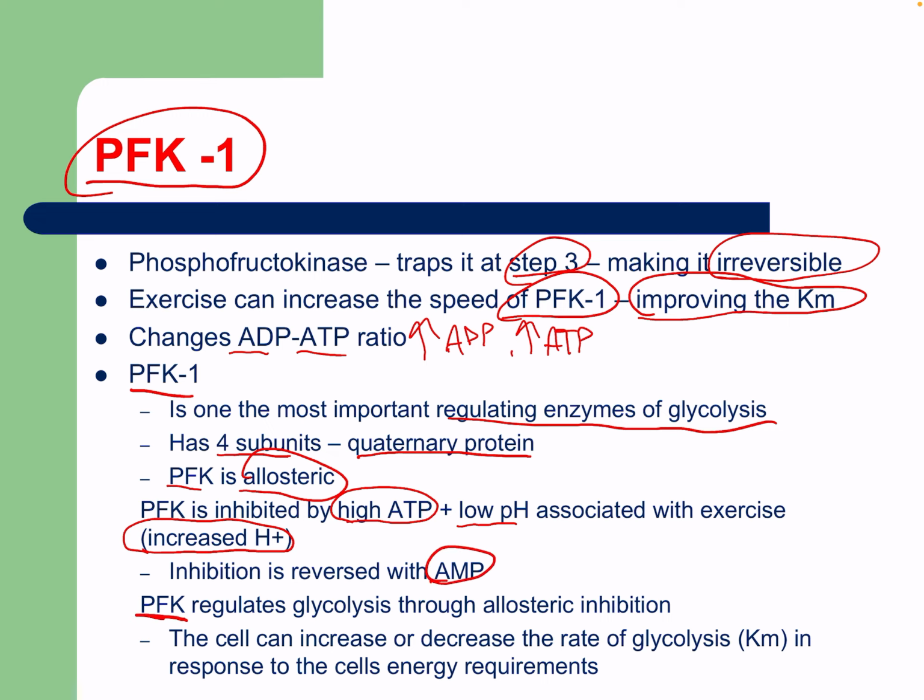So PFK regulates glycolysis through allosteric inhibition. The cell can increase or decrease the rate of glycolysis in response to the cell's energy requirements. It can detect whether there's high ATP or high ADP, determine its energy status, and then up or down regulate glycolysis if needed.